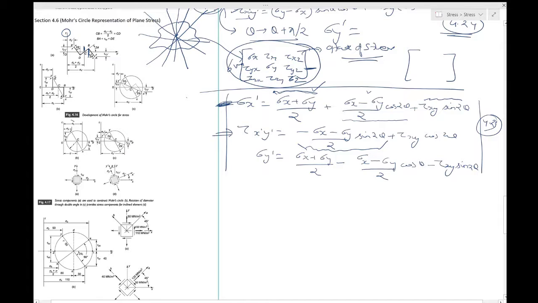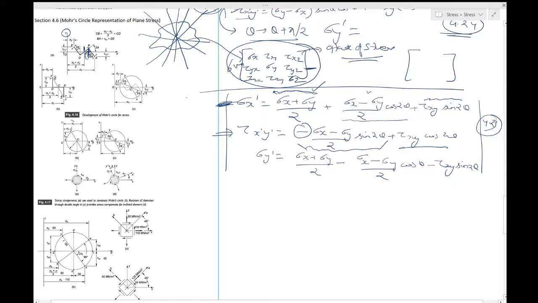So tau x dash y dash can be seen as the difference between these. You have this and then there is a minus sign over here. So you cut that part out of this, and all you are left with is this particular part.